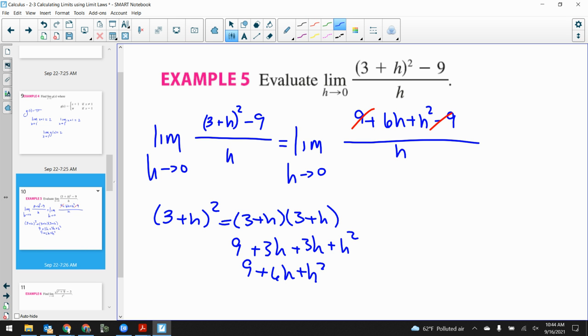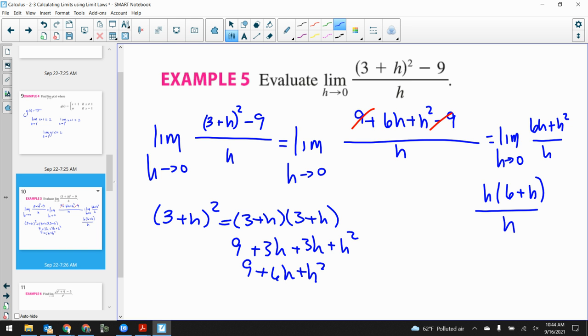Why is that convenient? Well, now when I take the limit as h goes to 0 of 6h plus h squared over h, what can I do with my h? I can cancel it out everywhere, right? The way I should think about it is factoring out an h from the numerator, making this look like h times (6 plus h) over h, canceling it out.